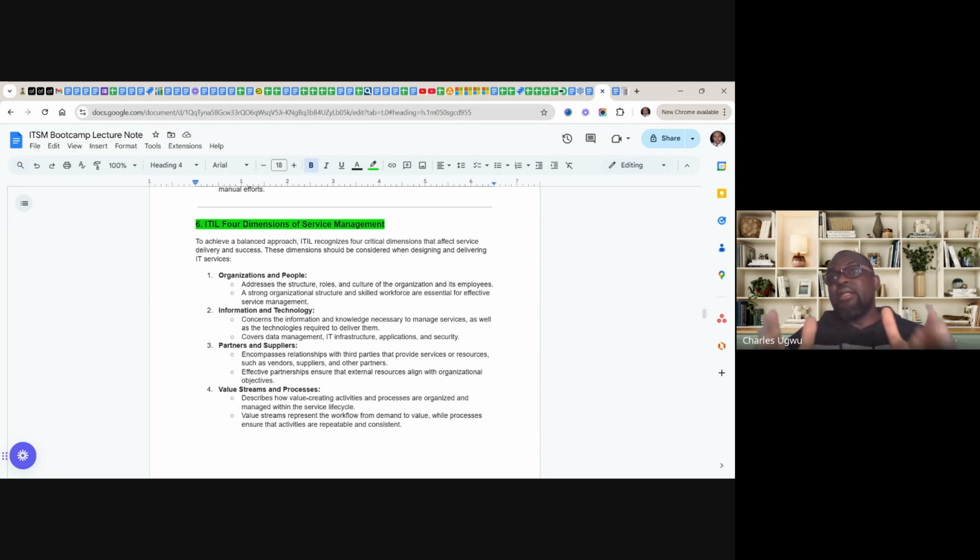If I'm designing IT infrastructure for a commercial bank and for a community bank, there must be variation, because there are some areas they are not going to work together. So that is what it means. You must understand the organizational structure very well before you go down to information and technology.